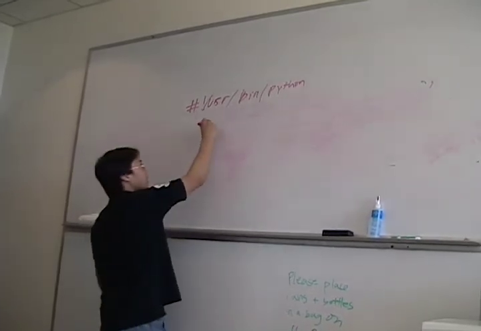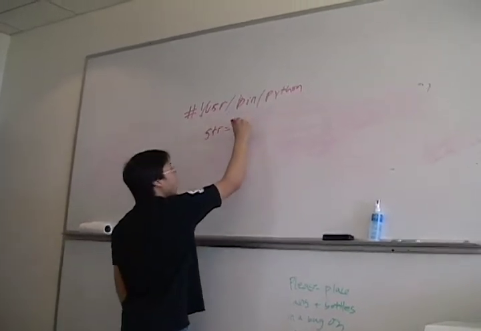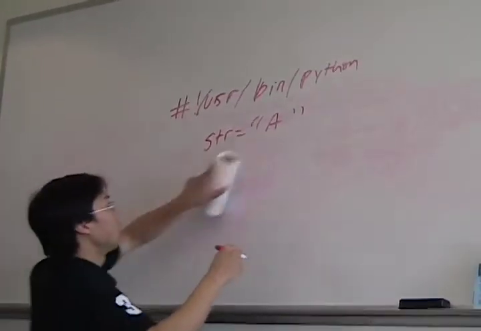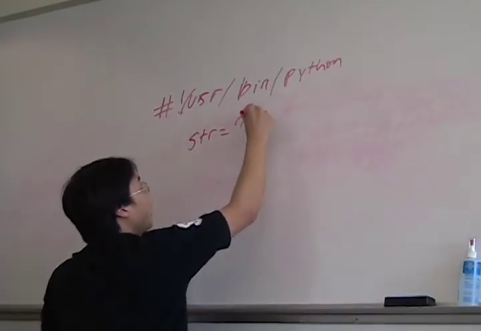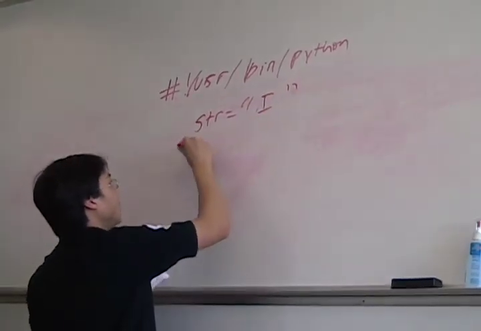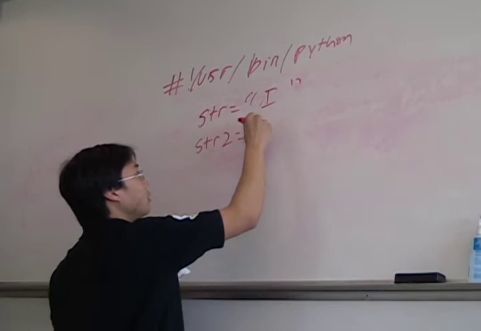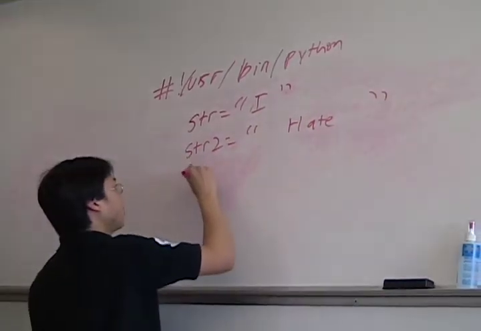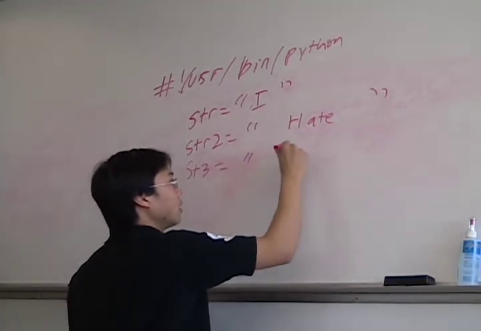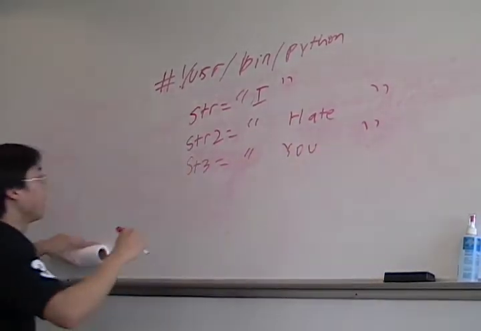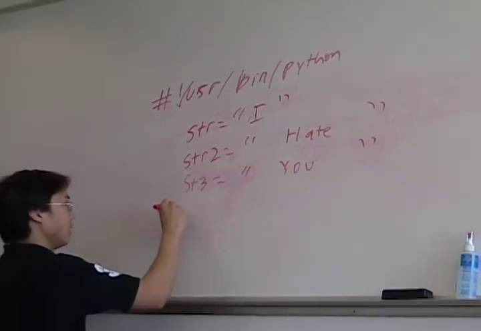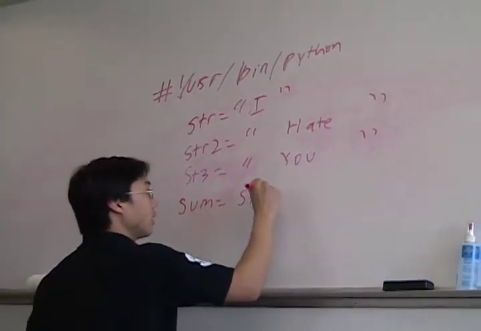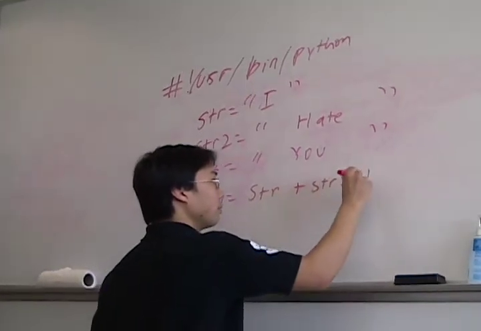So let's say I have a string is equal to A. string 2 is equal to... if I do this, sum is equal to string plus string 1 plus string 2.